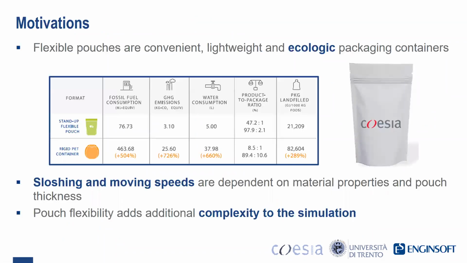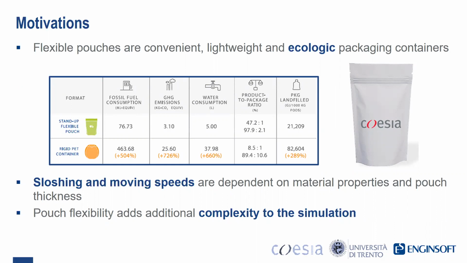Let's talk about the motivations of why we need to study pouches and why they are increasingly important in the packaging industry. Well, the reason why we see this kind of application, this kind of containers, is because they are much more ecological and they have a lower carbon footprint as compared to a rigid PET container, as we can see here in this graphic.